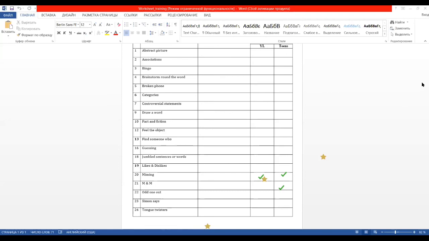So what I wanted to tell you is that all of them can be applicable for different short stages of your lessons, and almost all of them are quite good for young learners and for teenagers.